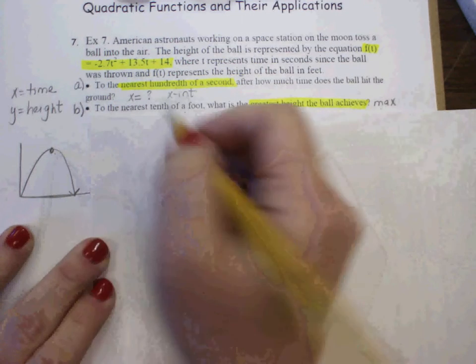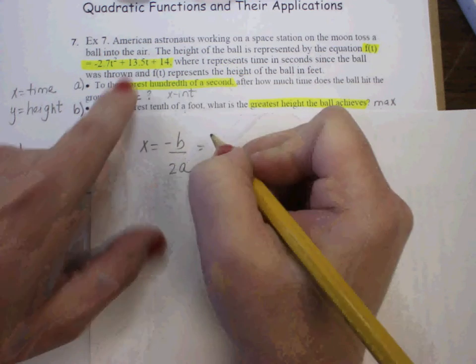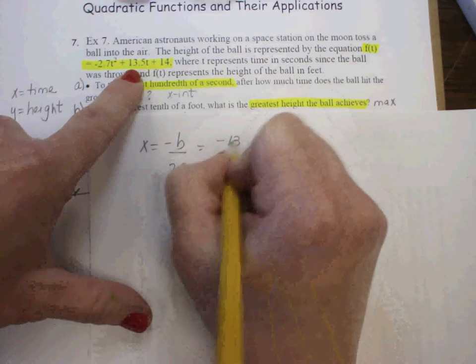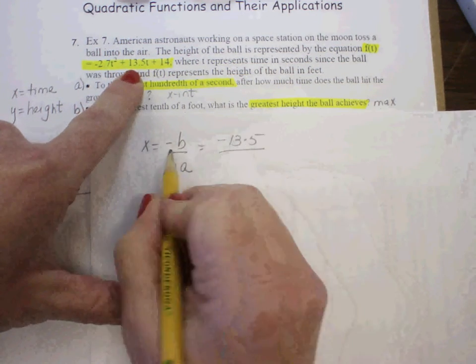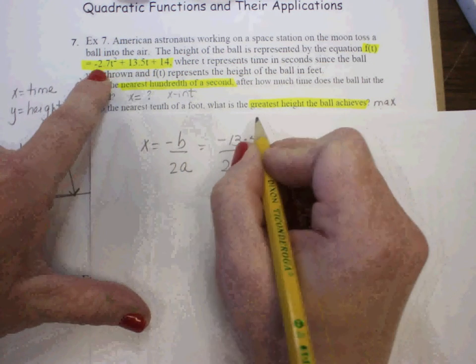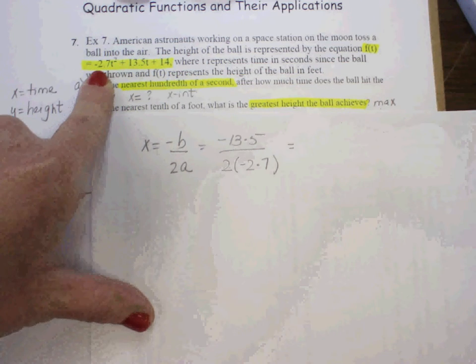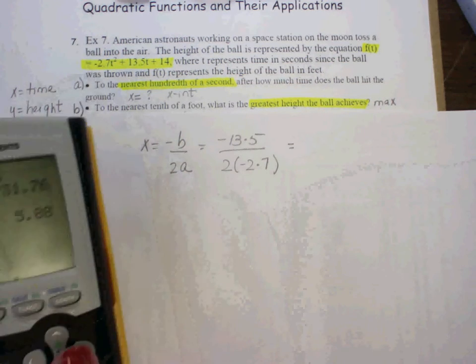Okay, so B is your linear term, which is 13.5, but with that negative, it becomes negative 13.5. And A is your quadratic term. All right. So 2 times negative 2.7.